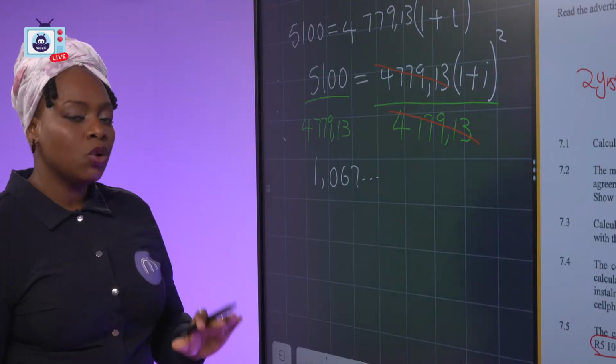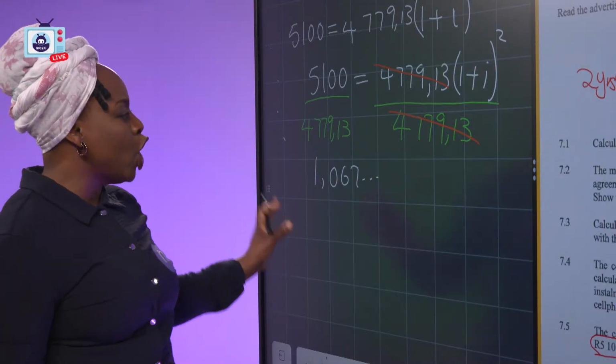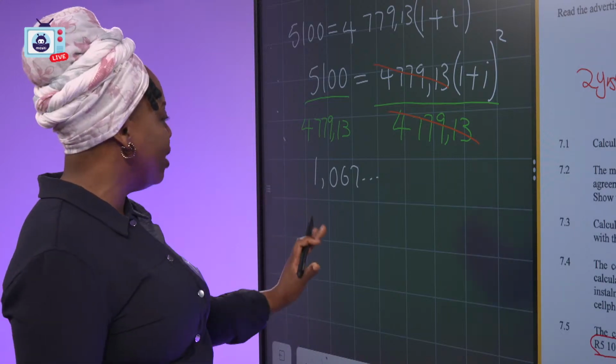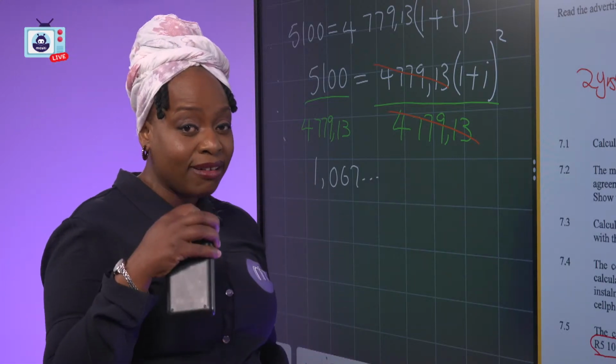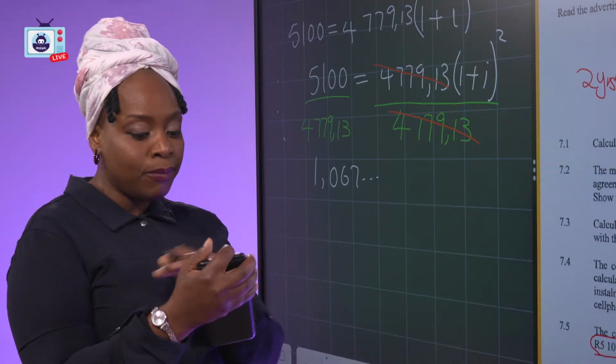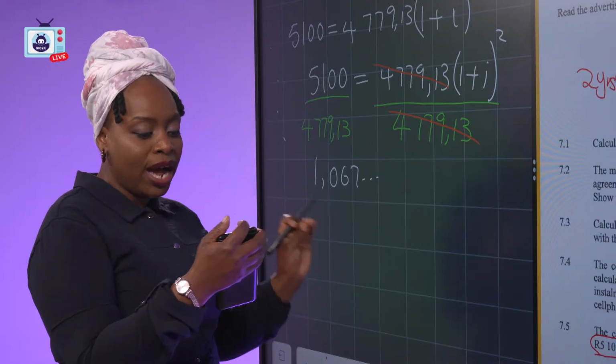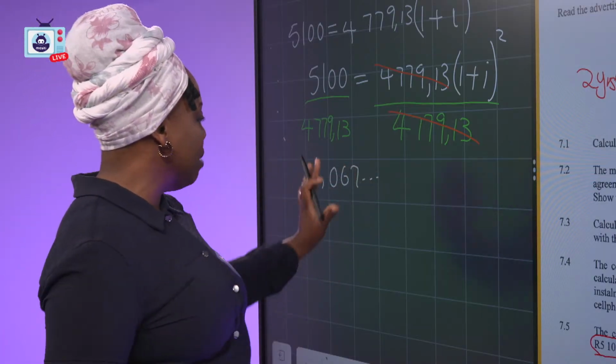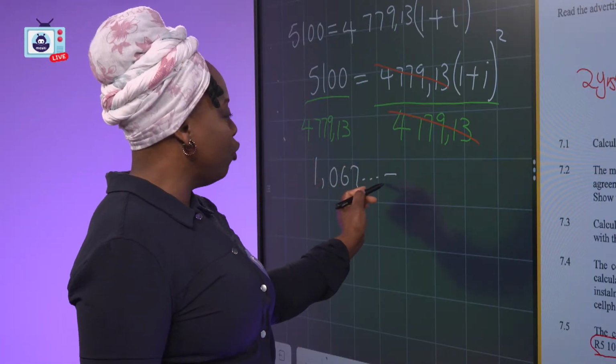So always when you deal with finance, do not round off until you are done. So I'm leaving it on my calculator. I'm not changing it. I'm not canceling it. So I'm leaving my 1,06713 and so on in the calculator, but I write it like that just for the space.